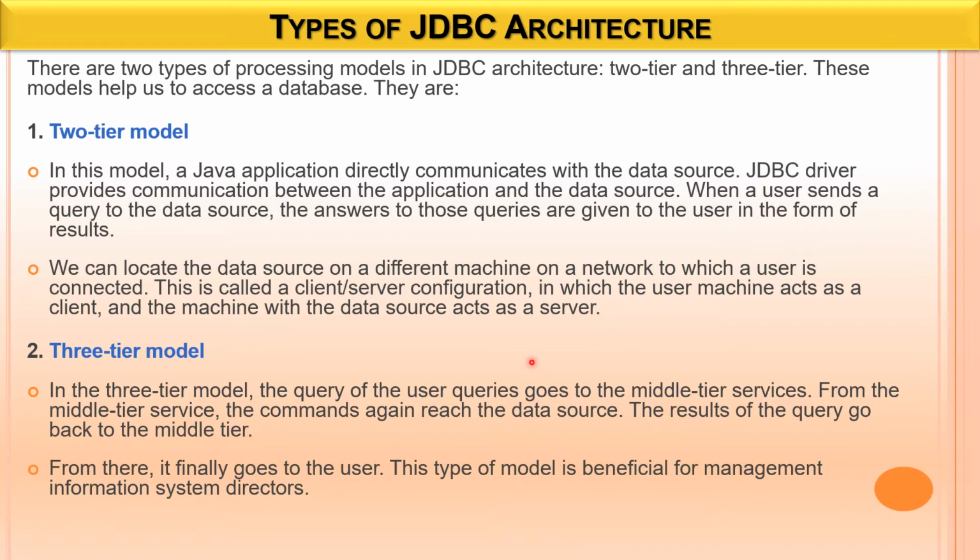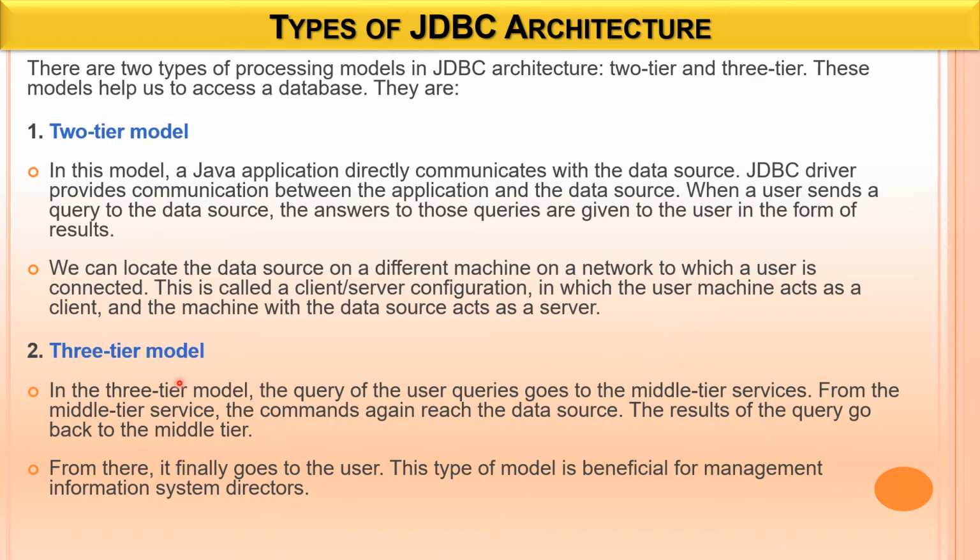The server will provide this data, and the user will get connected with the client, that is the machine where the user is working. That is the two-tier model, where the Java application will directly communicate with the data source.